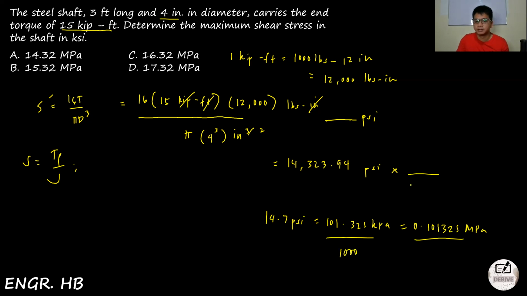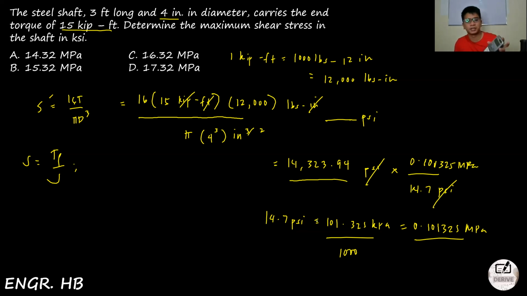So this becomes 14.7 PSI times 0.101325 megapascal, so PSI cancels. So the answer is 98.73 megapascal, meaning the numbers in the choices are in PSI but the unit is wrong. Our earlier answer is 14,323.94.